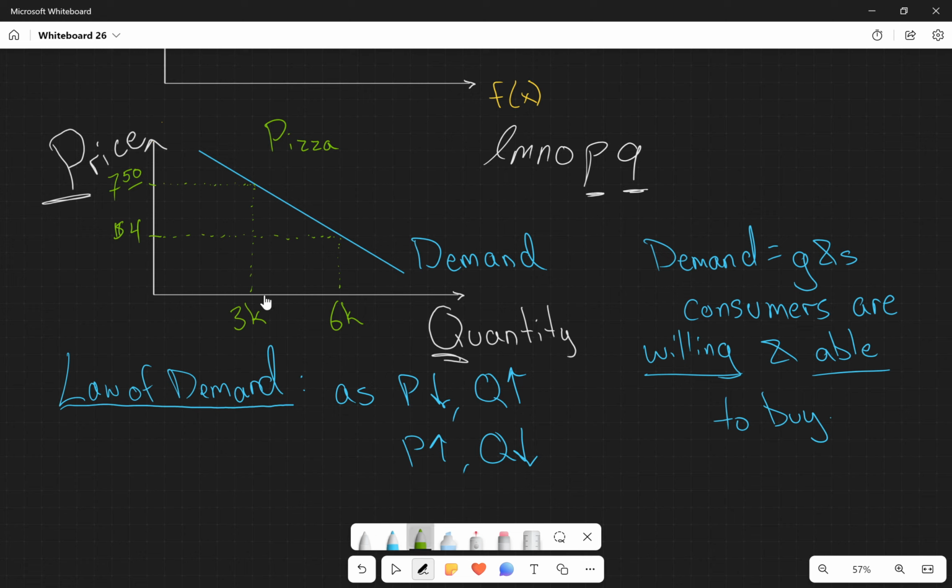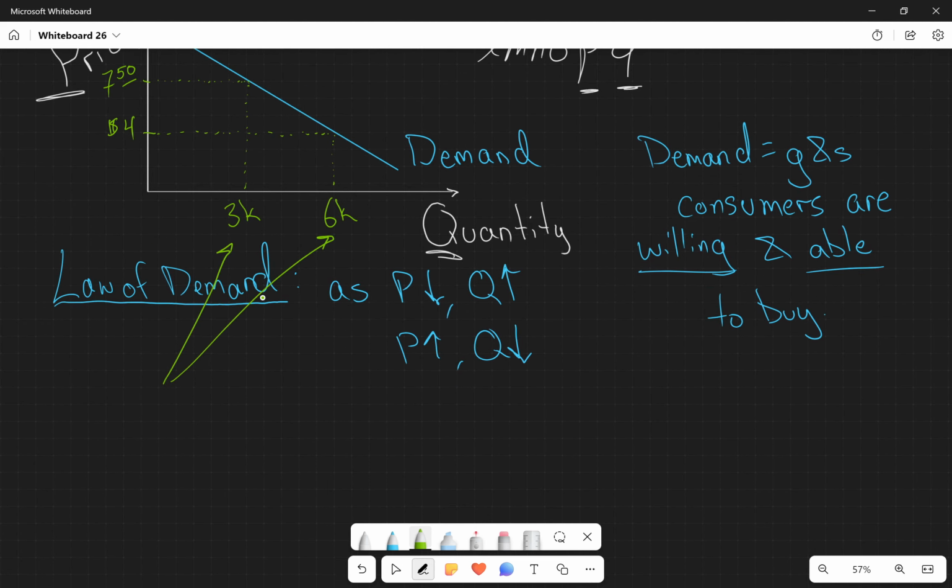Also, another important distinction, this curve itself is called the demand curve. These points on the demand curve and these particular amounts, these are called quantities demanded. Actually, I don't want that there. I want it down here. So these are quantities. Let's just do it quantity demanded. It's already confusing without making it plural.